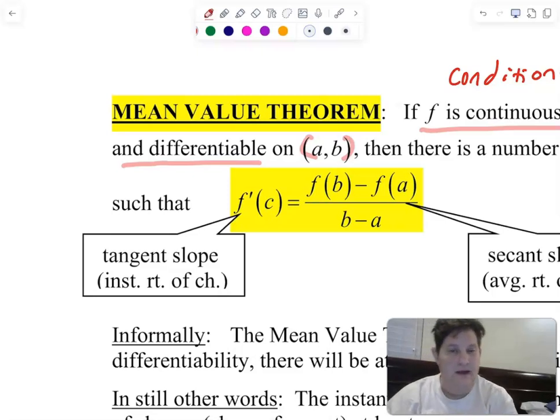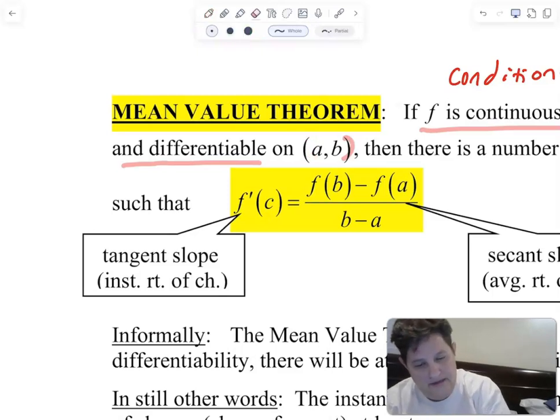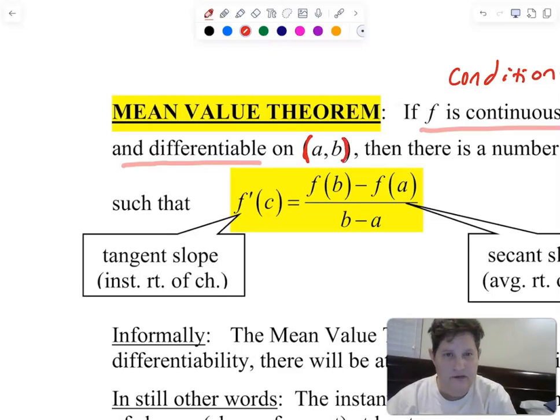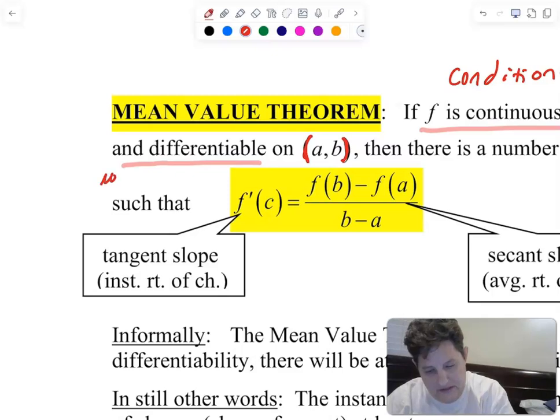It has a derivative everywhere between a and b. Now, we don't take derivatives at endpoints, because we don't really talk about differentiability at endpoints. But everywhere in between, it basically means no cusps, no sharp corners.